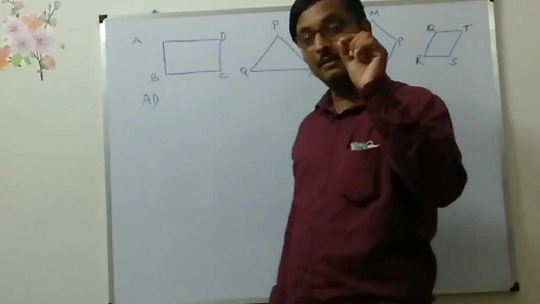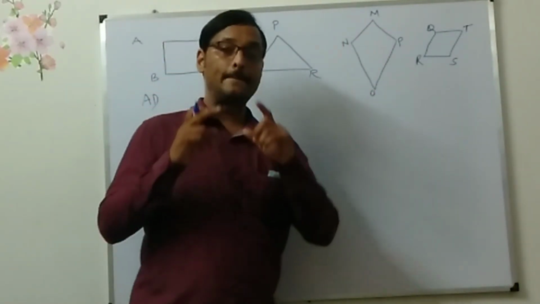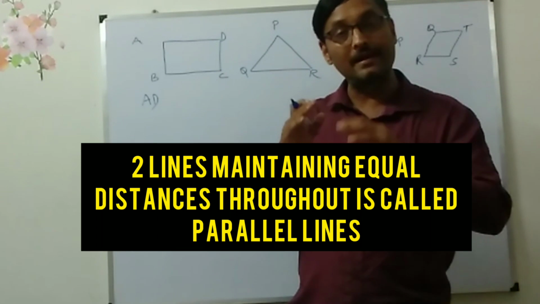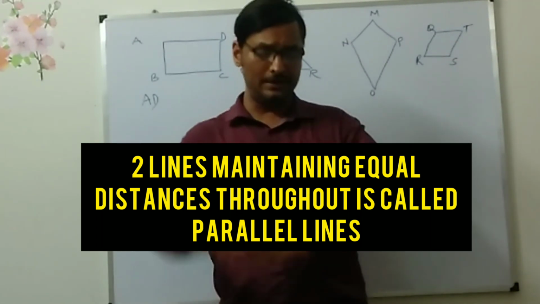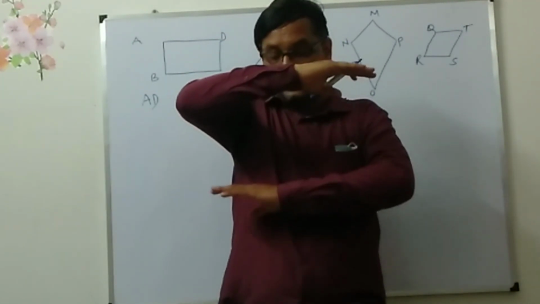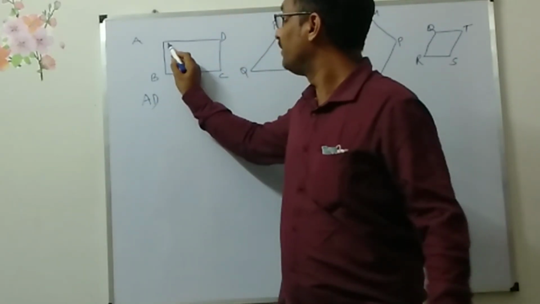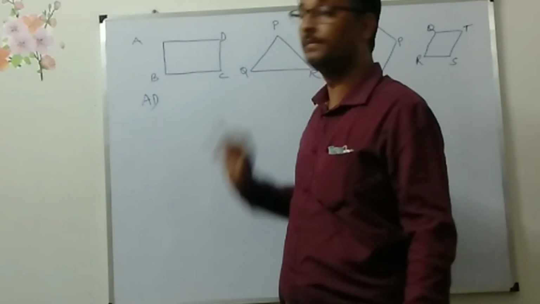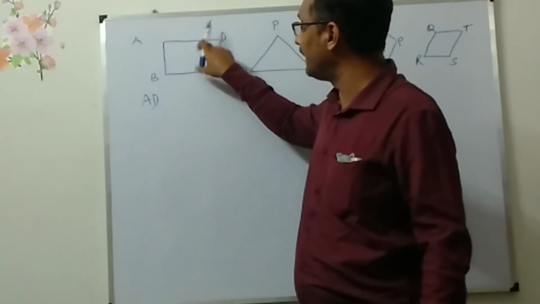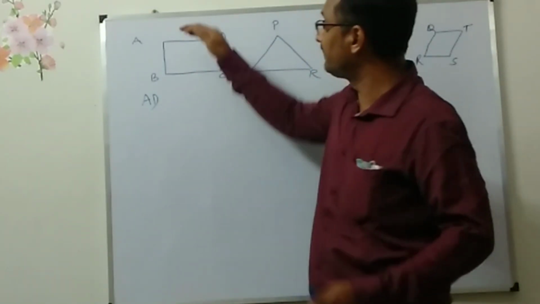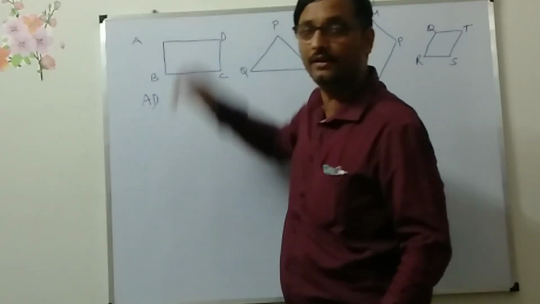So, in my previous video, I made you understand about parallel lines. What do you mean by parallel line? When two lines are maintaining equal distances throughout. If AD is a line, then what is the parallel line of AD? Is there any line above AD?